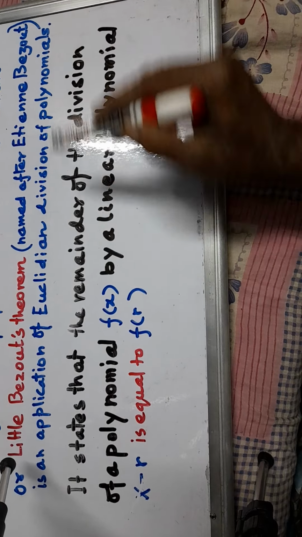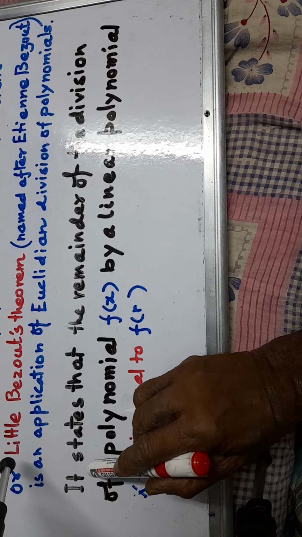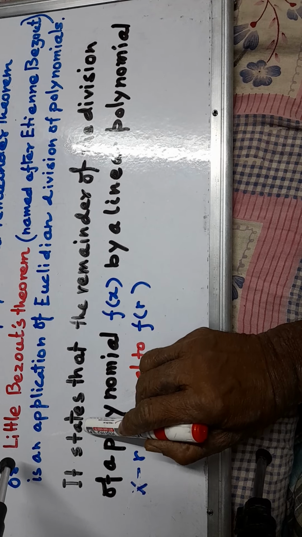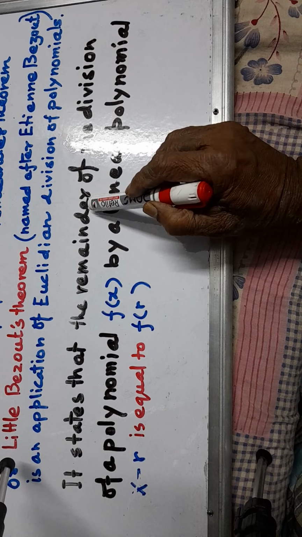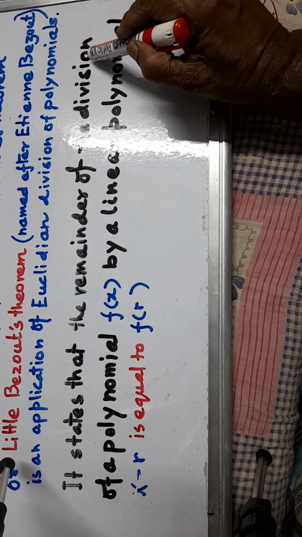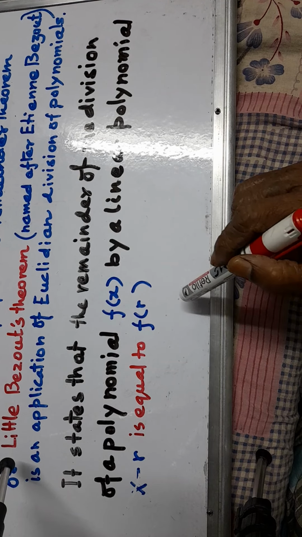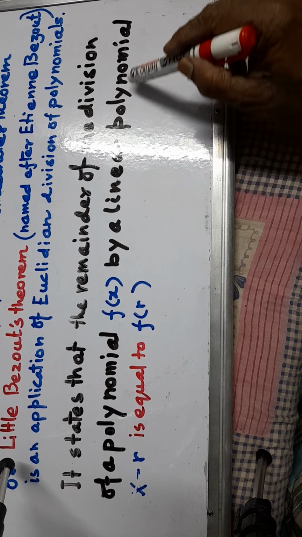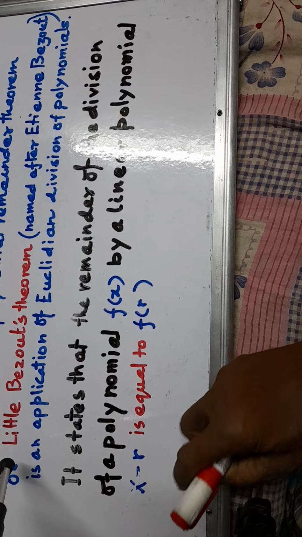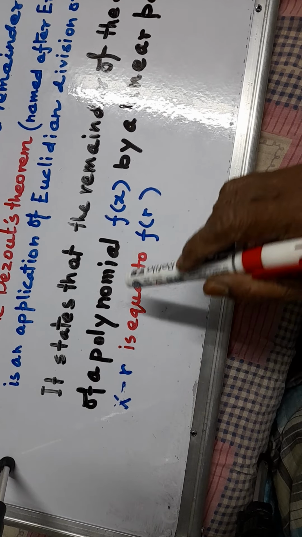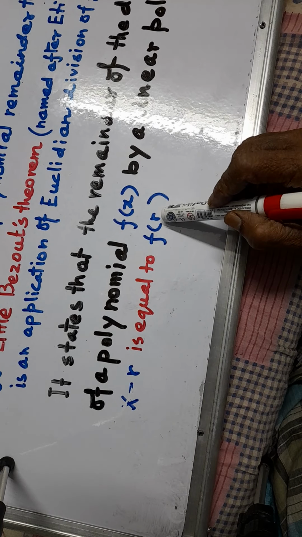And what is the remainder theorem actually? The remainder theorem states that the remainder of the division of a polynomial f(x) by a linear polynomial x minus r is equal to f(r).